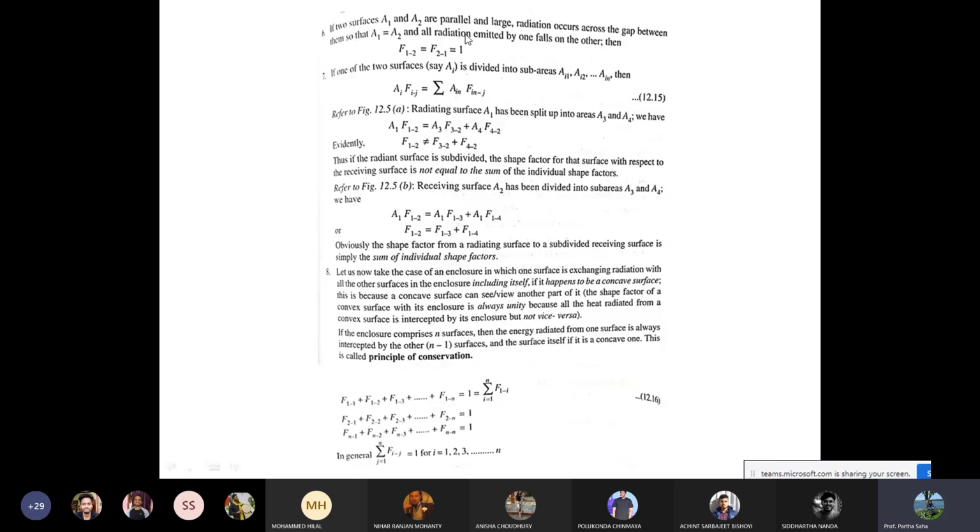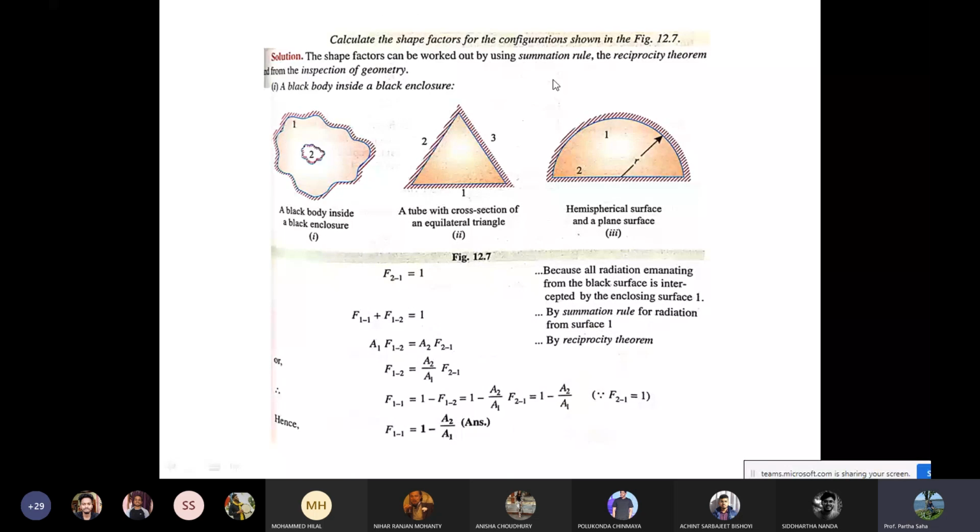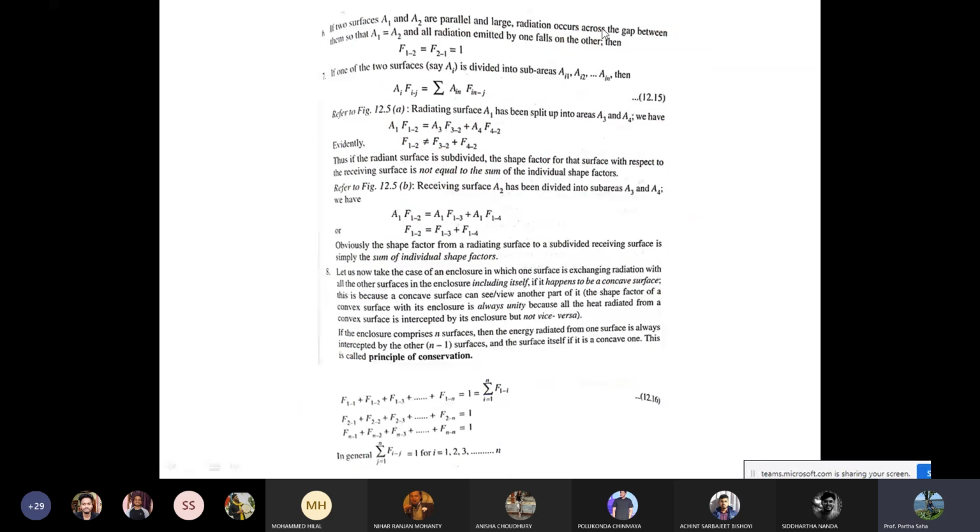If two surfaces A1 and A2 are parallel and large, radiation occurs across the gap between them, so that all the radiation emitted by one falls on the other, then F12 equals F21. That is true. But if one of the two surfaces is divided into sub-areas, like this one, right? Let us see 12.5A.